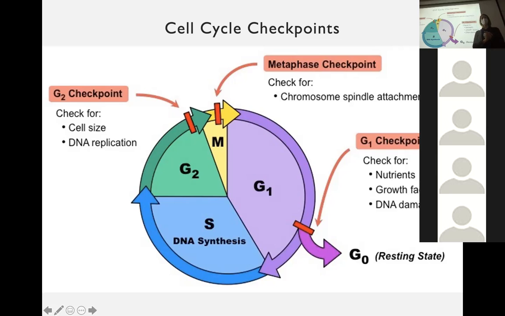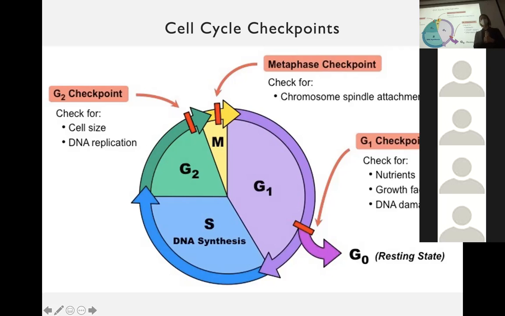If you remember metaphase, that is where the chromosomes are lining up right along the middle of the cell. And then these spindles are attaching to either side of the chromosome, and then they'll be pulled apart to either side of the cell. So what the metaphase checkpoint is checking for is whether the chromosomes are appropriately attached to that spindle apparatus that will pull them apart.